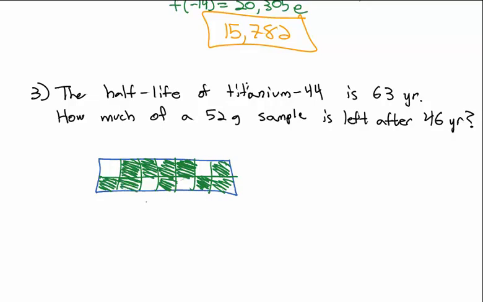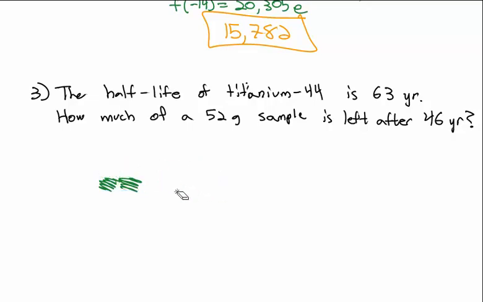And then it continues to decay another 63 years, and another half of them will be gone. And then 63 years later, half of them will be gone. The idea is every 63 years, half of the atoms are gone. Essentially, after 63 years, there's a 50% probability the element has decayed away. That's half-life, when there's a 50% probability that the elements have decayed away.